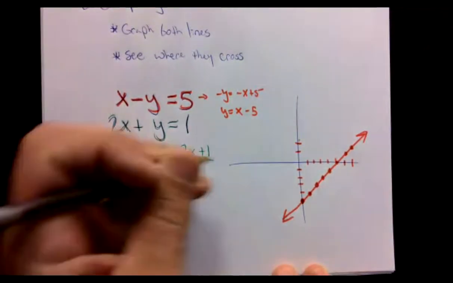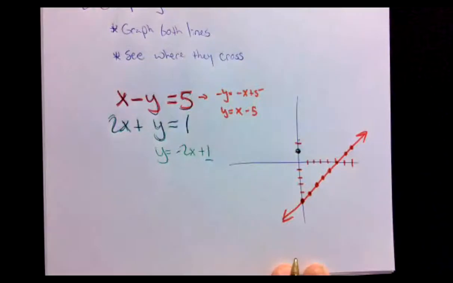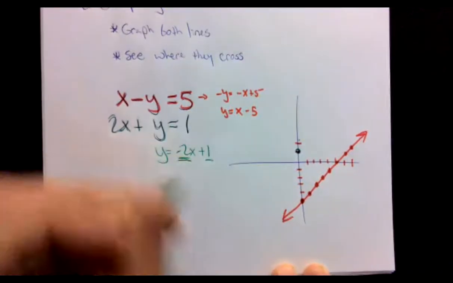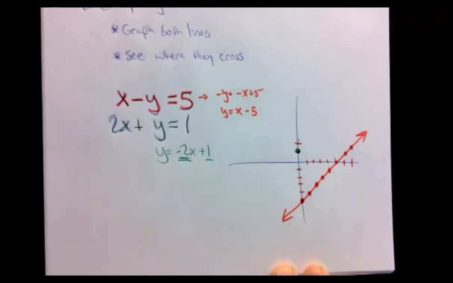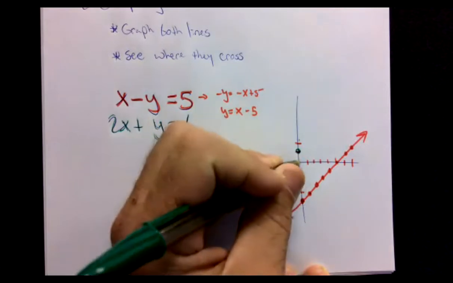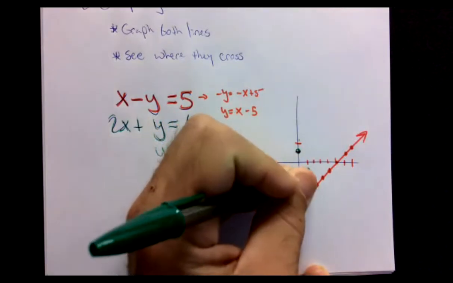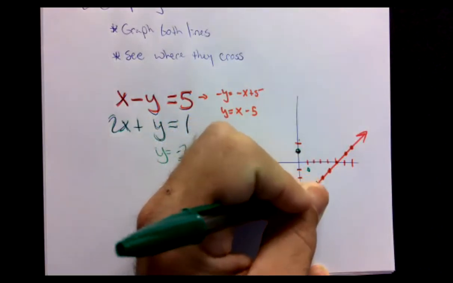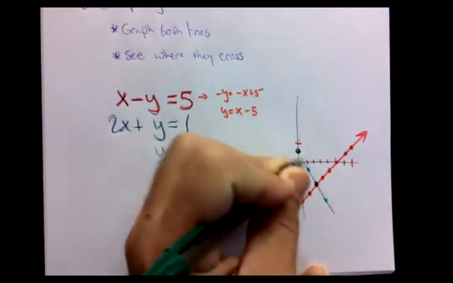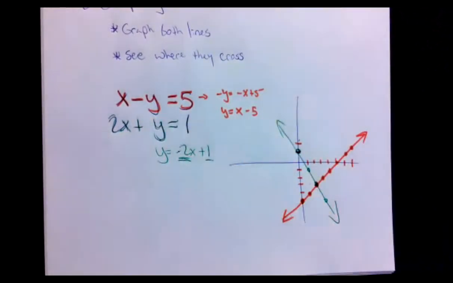So again, my b is my y-intercept, so that's 1. My m is my slope. Slope is rise over run, so I'm going to rise negative 2, run 1, rise negative 2, run 1. Okay, and then this green line represents all of the solutions for that equation.